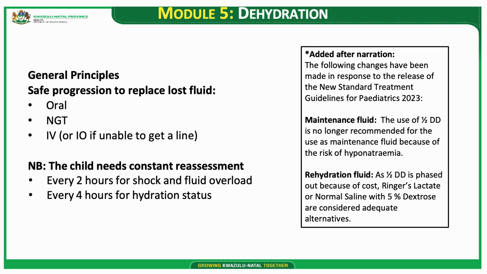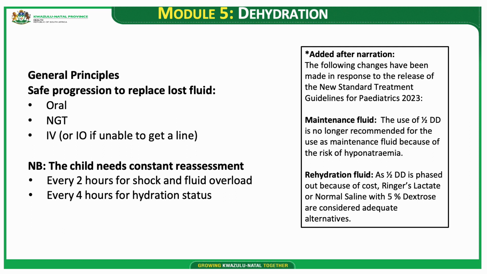At the same time, the child needs constant reassessment. We want to make sure that we're not either giving the child too little fluid and they go back into shock, or that we're giving the child too much fluid and they become fluid overloaded. Shock we've discussed in our previous module, and fluid overload can be seen by several signs.